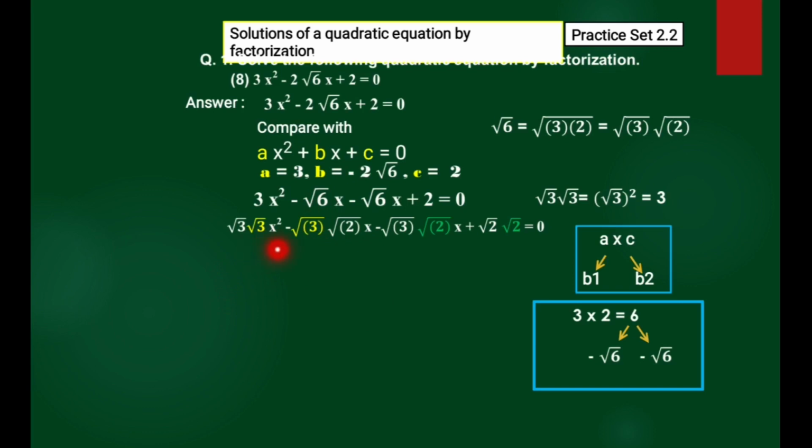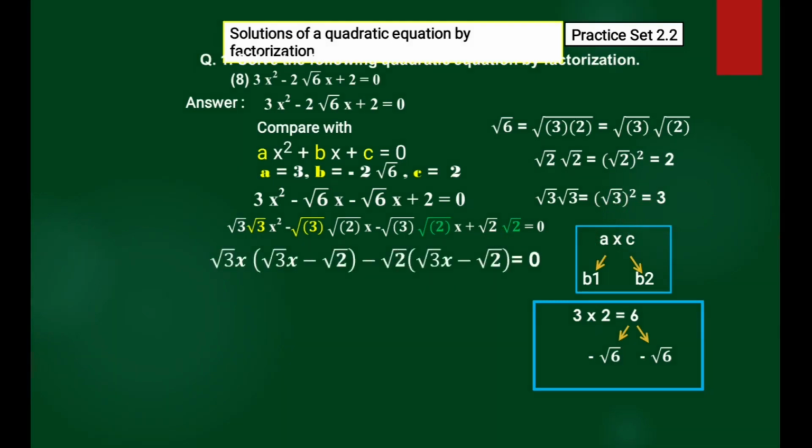Now take root 3 common from the first two terms and root 2 common from the last two terms. So see, this root 2 into root 2 can be written as 2. After taking root 3x common we get root 3 into x, and here root 2 is as it is.